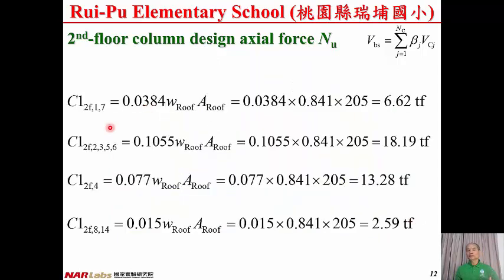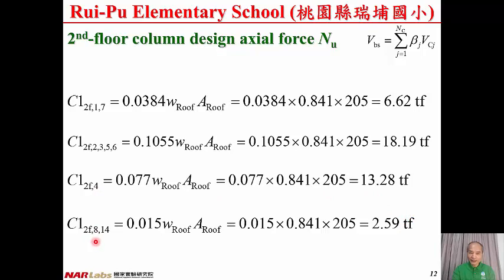With similar procedures, we have the actual load for C1 on the second floor. For number 1 and number 7, it is 6.62 ton-force. For number 2, 3, 5, 6, the design actual force is 18.19 ton-force. For number 4, it is 13.28 ton-force.